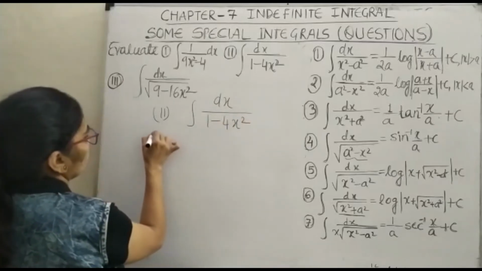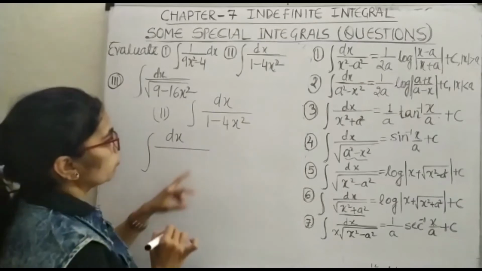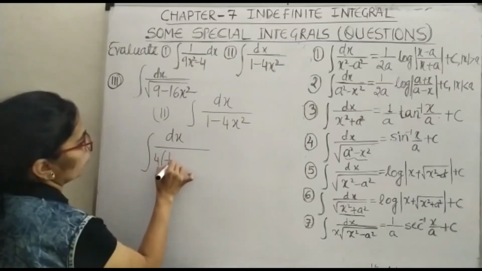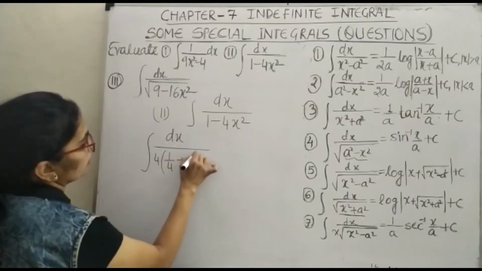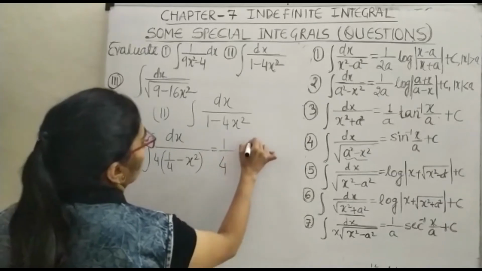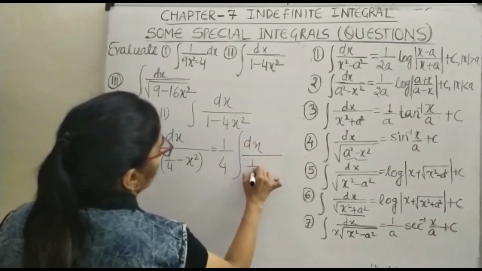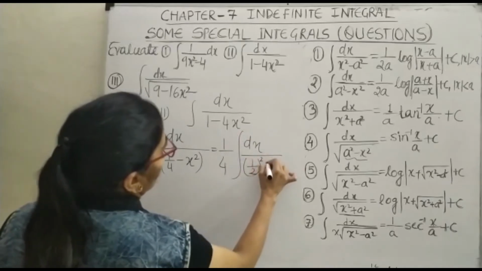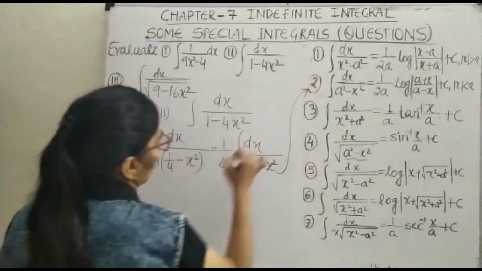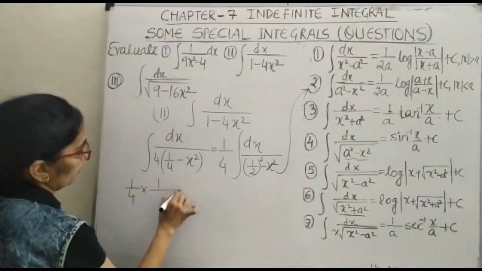So once again the same thing, integrate dx. 4 हमें बाहर लेना है तो ये आपका हो जाएगा 4, यहाँ पे हो जाएगा 1 by 4 minus x square. Now this can be written as 1 by 4 dx, half the whole square minus x square. Now this will be of this form. Okay, so we are here with 1 by 4 into 1 upon 2a.